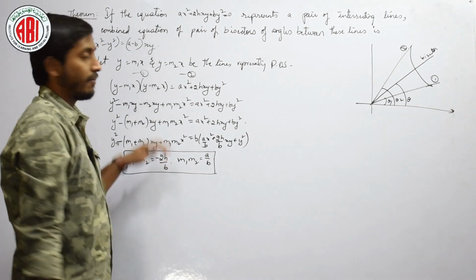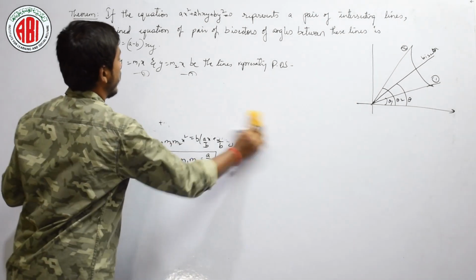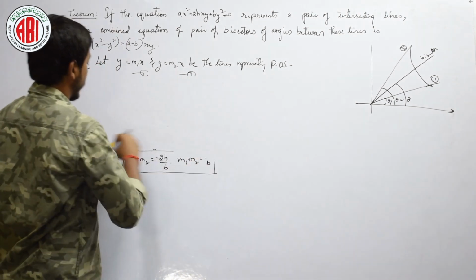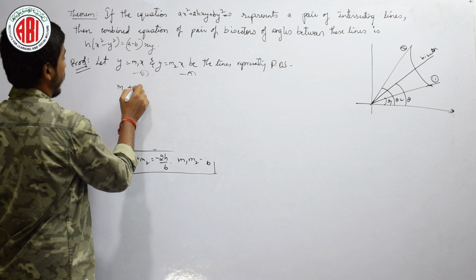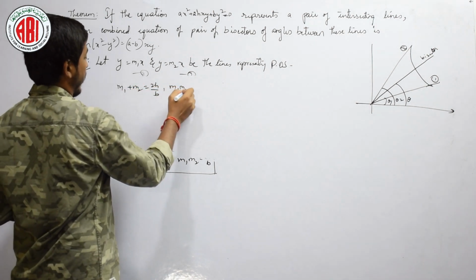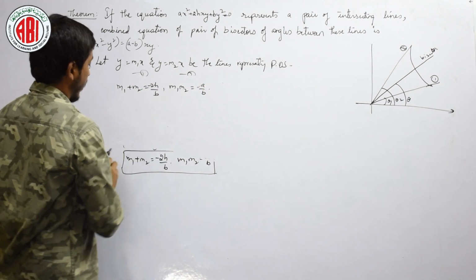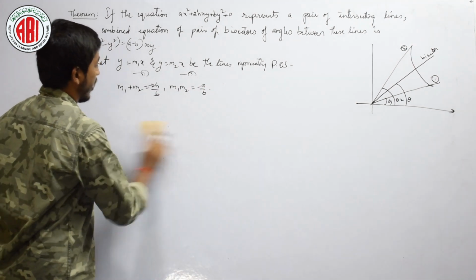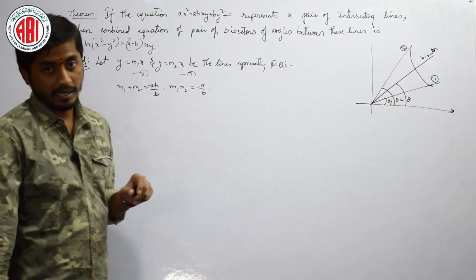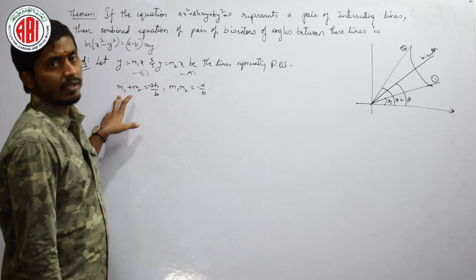Is it okay? Let me erase all this and let us write only the sum of roots and the product of roots, that is m1 plus m2 is minus 2h by b and m1 m2 is a by b. Is it okay? Now let us use this formula everywhere. What is m1 here?